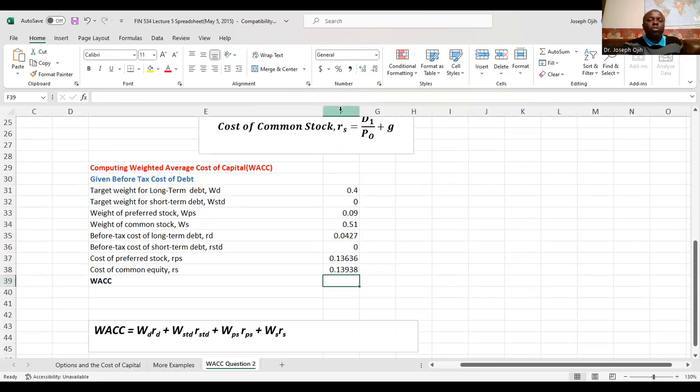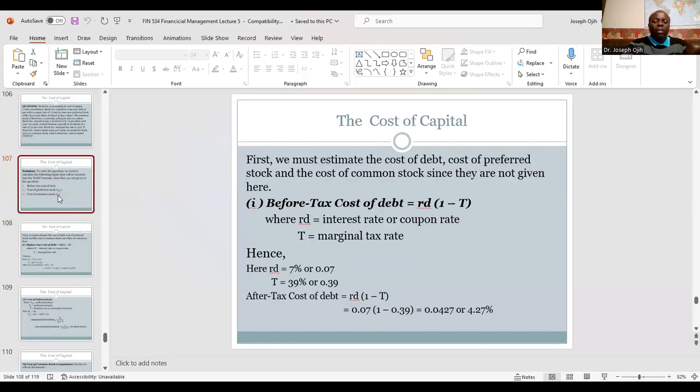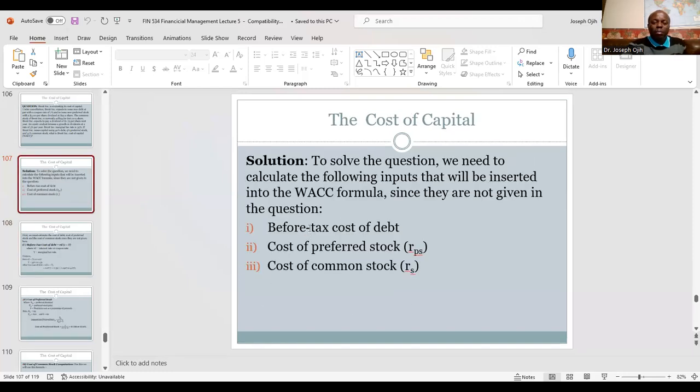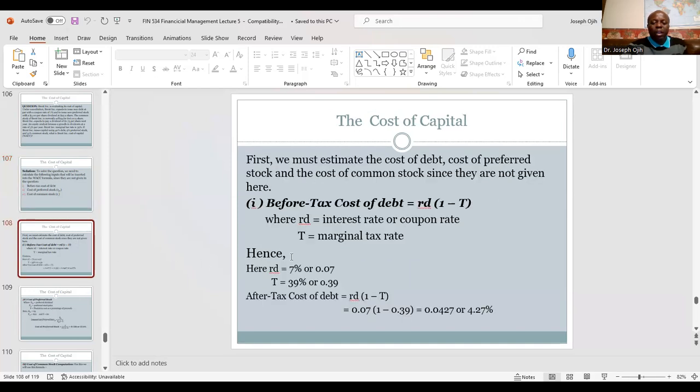Now, there's one small modification we need to make because in this question, we have already calculated before tax cost of debt. And to calculate it, we use 1 minus tax rate. So we have used the 1 minus tax rate already.